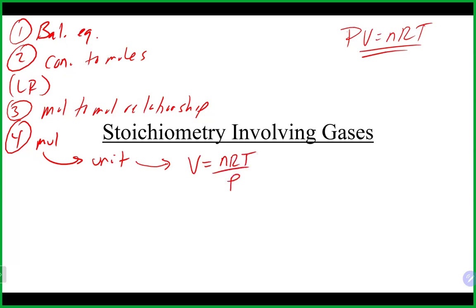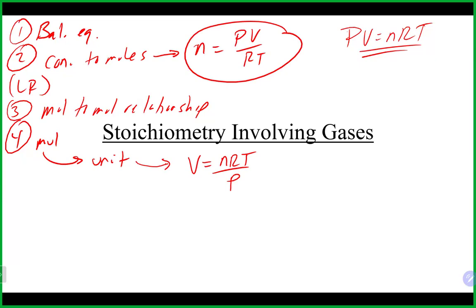The other place you could commonly use the ideal gas law is at the beginning, to solve for moles, which would be PV over RT. That's instead of grams to moles using the molar mass.